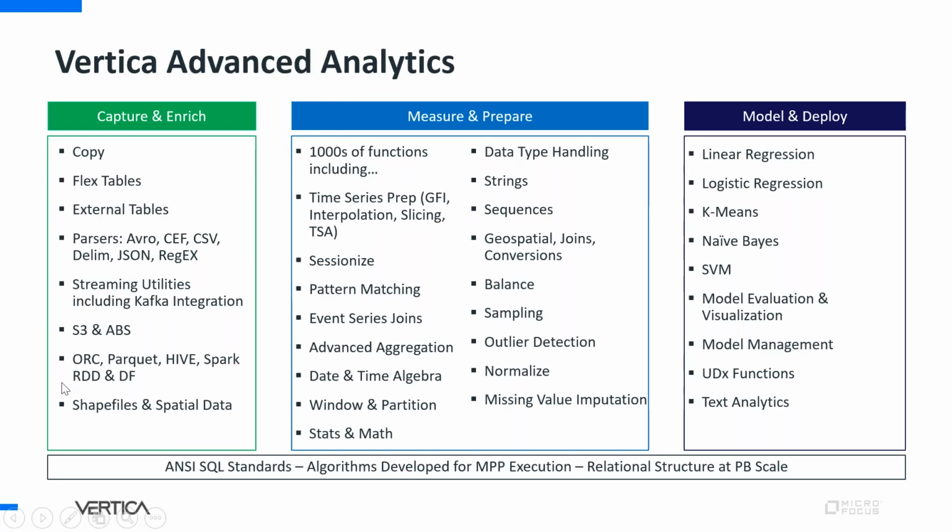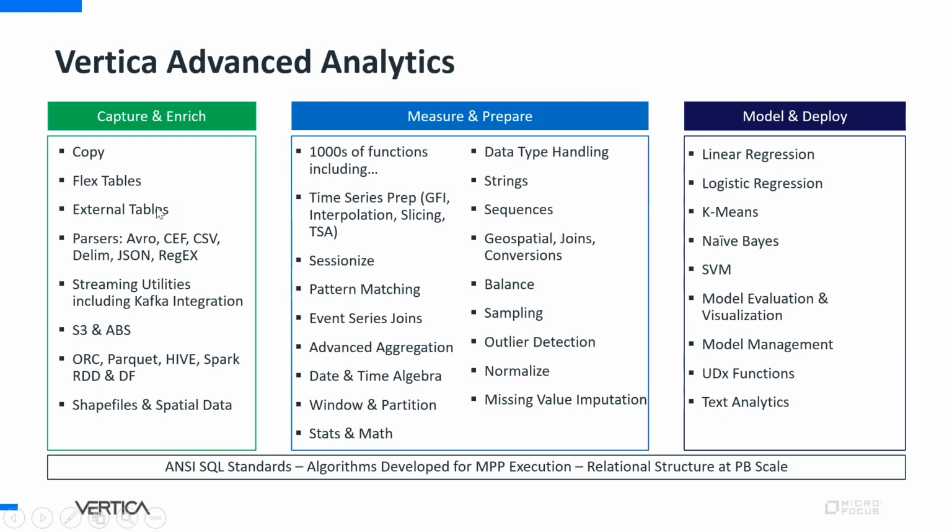If the data is in the cloud, in S3 or those locations, Vertica can read directly from there. Vertica can read data from streaming and through Kafka also. And if you have data in Hadoop, in ORC, Parquet, and those formats, Vertica can read from there also.